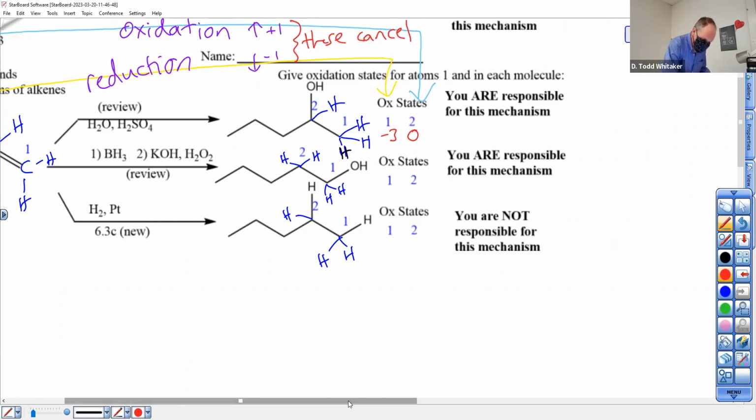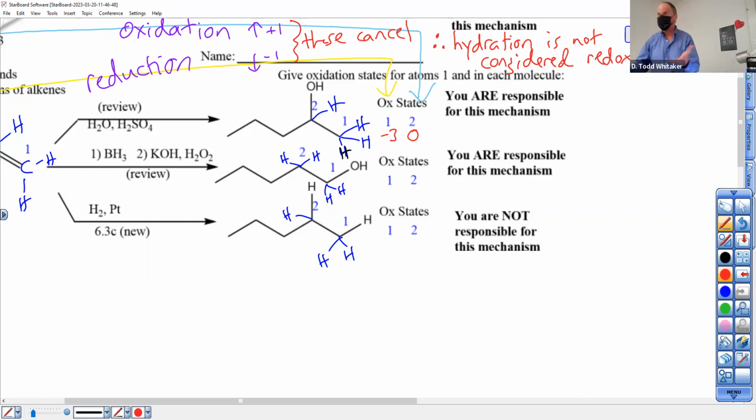Conclusion is, therefore, hydration is not considered redox. Yes, you have an atom that got oxidized and an atom that got reduced. You'd normally think that fits redox. But in the one molecule, they cancel each other. There's no net change in oxidation.